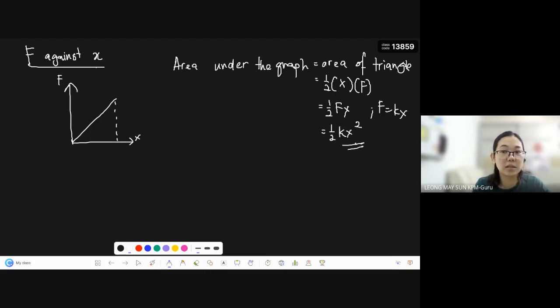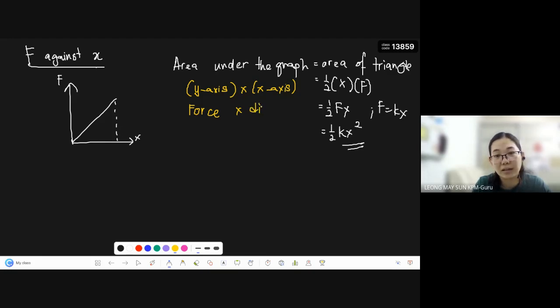So this is in terms of mathematics. In terms of physics, what physical quantity is it? The physical quantity for the area under the graph is normally we take the y-axis and multiply by the x-axis. The y-axis is the force, multiplied by the x-axis, which is the distance, the extension.